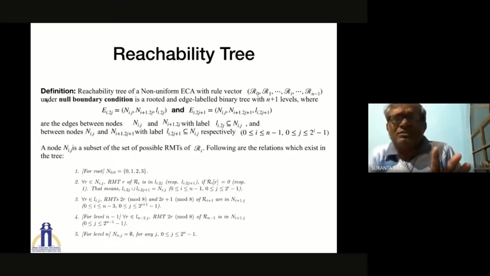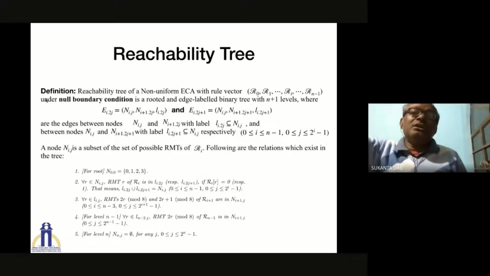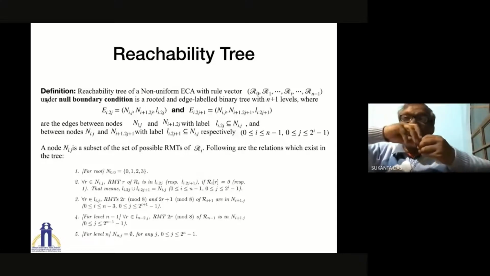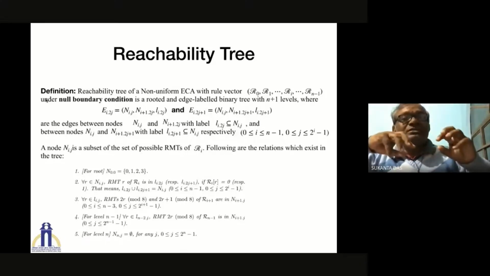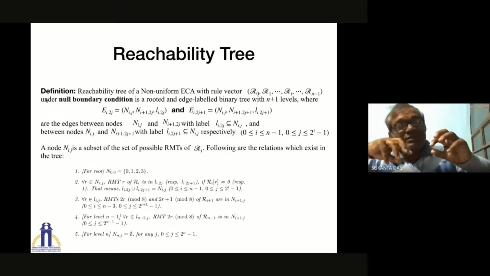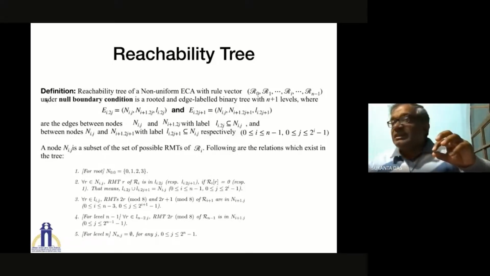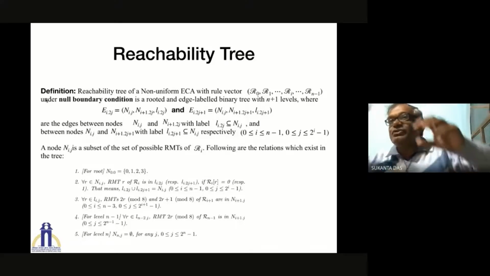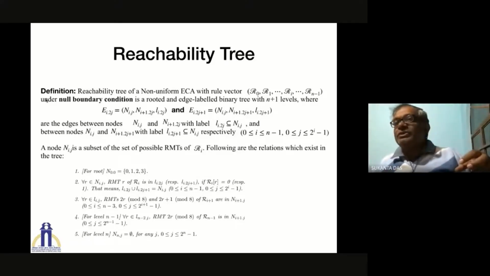So eij connects node nij, and it has two children. One is in level i plus 1 with index 2j, and the other is in level i plus 1 with index 2j plus 1. So from one node, we get two nodes. The node indices start from the left side. So the first one is ni0, then ni1, and so on.